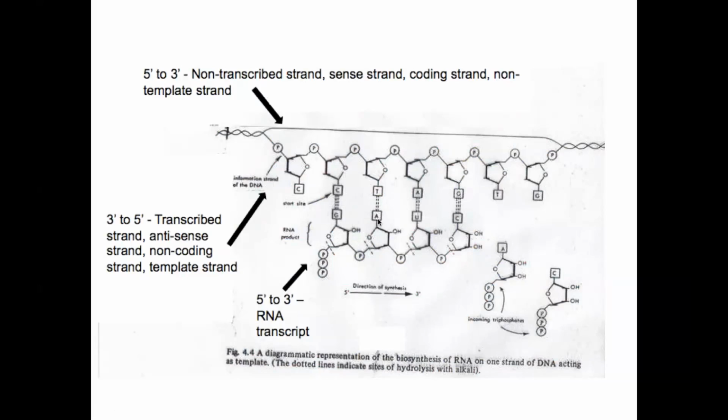Then the next, it reads A in the template strand, so it incorporates U, and so on. So reading each nucleotide of the template strand of DNA one at a time and incorporating the appropriate complementary ribonucleotide in the growing RNA chain. Again, what you see is that the RNA molecule is growing in a 5' to 3' direction.